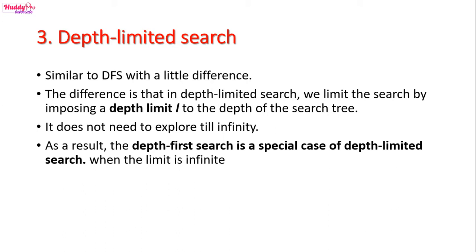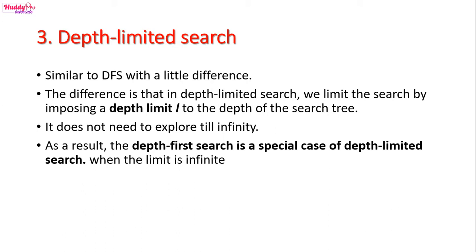It does not need to explore till infinity. So as a result, the depth first search is a special case of the depth limited search when the limit is infinite. Okay, so there's no big difference between this and the previous one, only that here we put a limit on the depth, what we call the depth limit L, to the depth of the search tree.